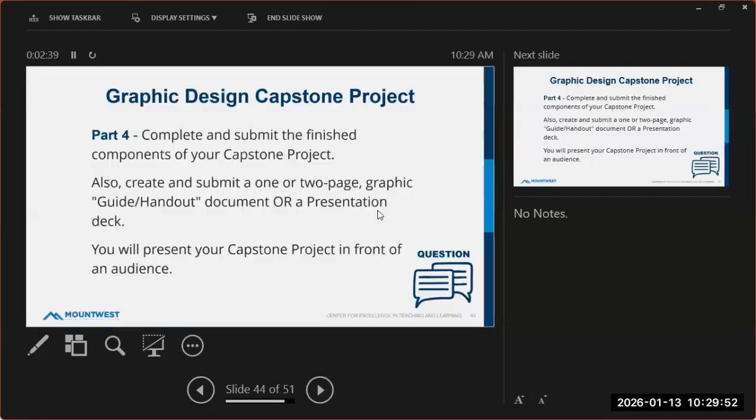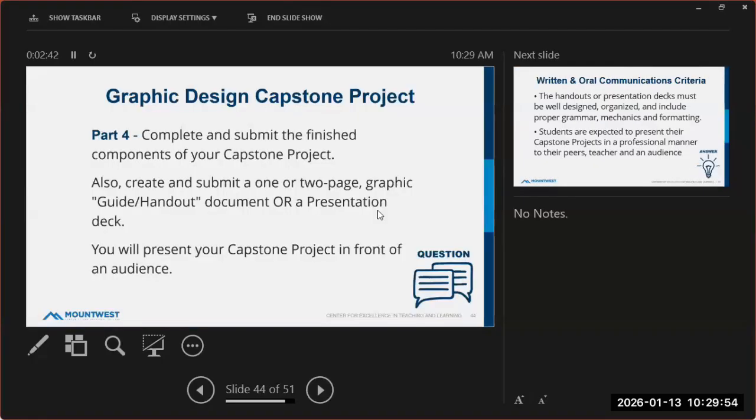And then oral and written: as part of their final presentation, they have to create either a presentation deck or a handout, and it has to be done according to good design principles and be appropriate for that audience. They have to deliver and present their project, so they have to get in front of people and talk, do their oral.